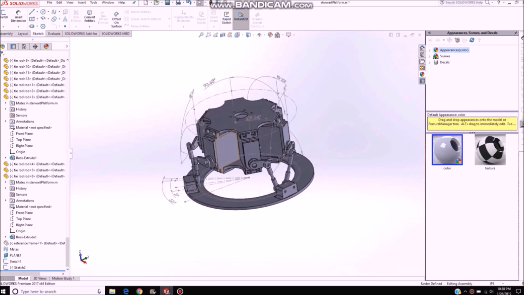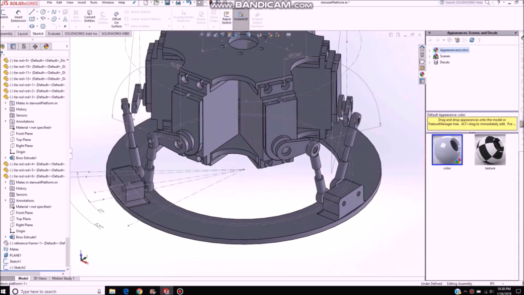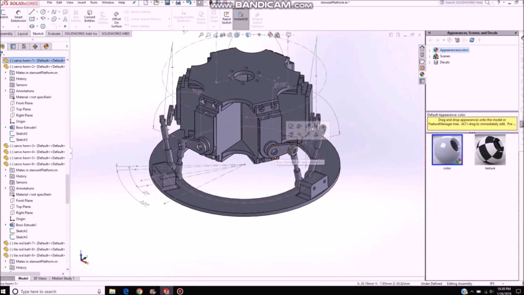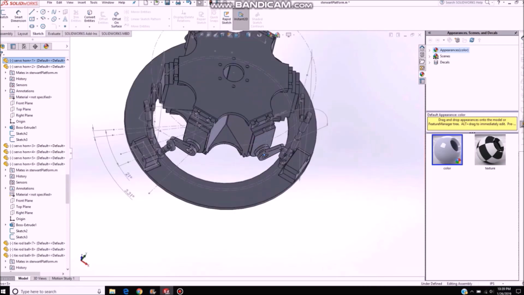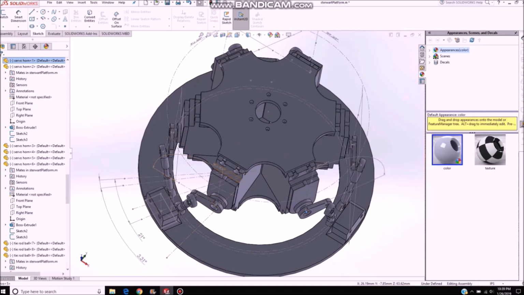First things first, we need to find these particular points relative to the entire frame. In this case, I made these servos equally spaced, so from here to here would be 60 degrees, and you find that radius to get that point.